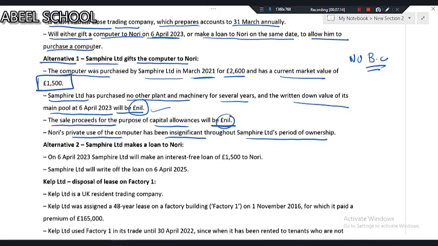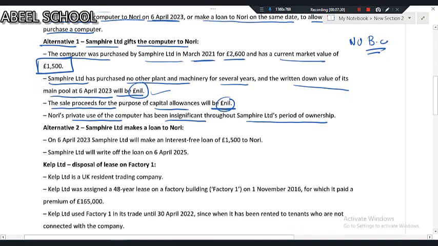It is not happening here. We are just transferring the computer to Noori and he is not giving us anything. So number one, there will be no balancing charge, and I have cleared why I did not go for the balancing allowance.